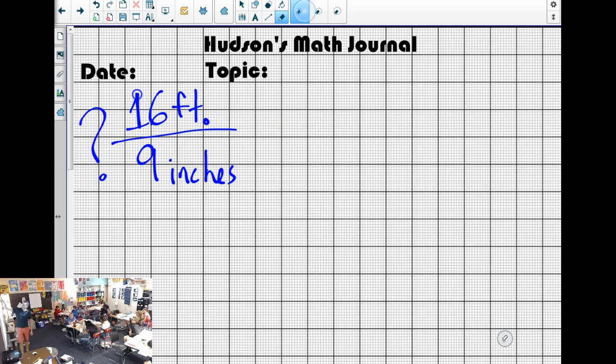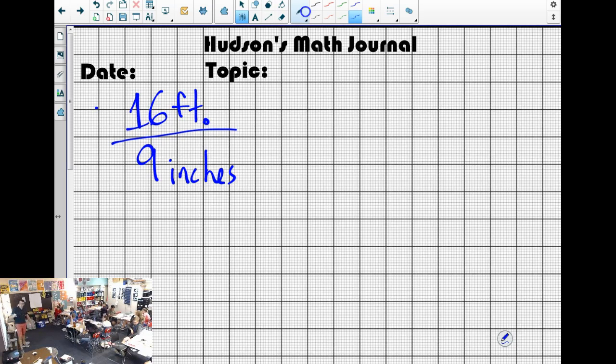You can always pass. Was your hand up? Yeah. Why can't I do this? Because it's feet and inches, you need a common... Now be careful. It's not common denominator. We need a common unit, right?